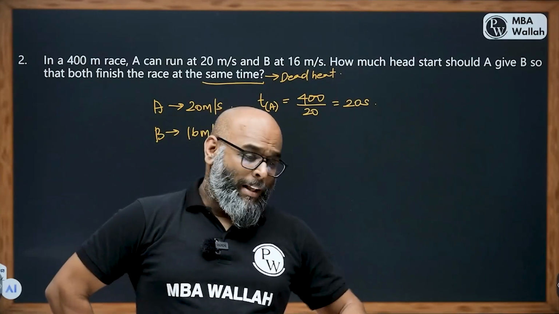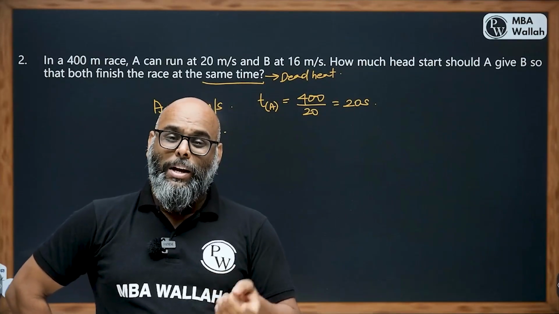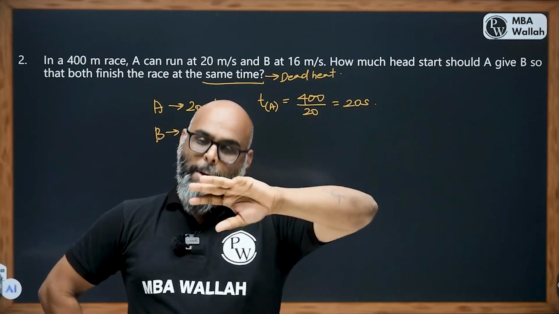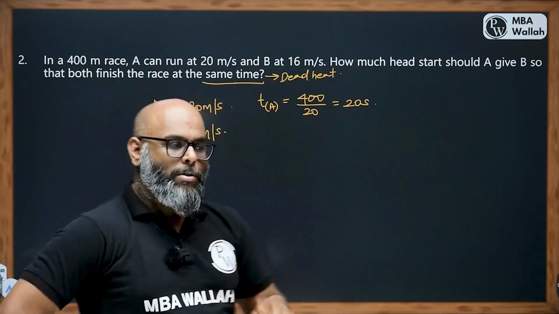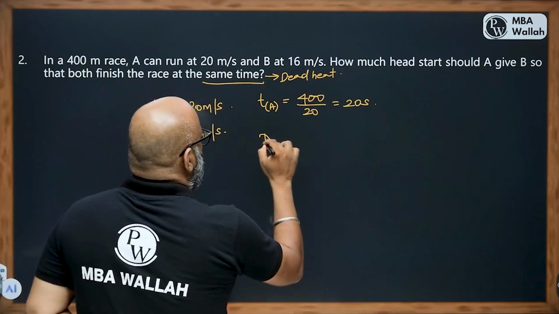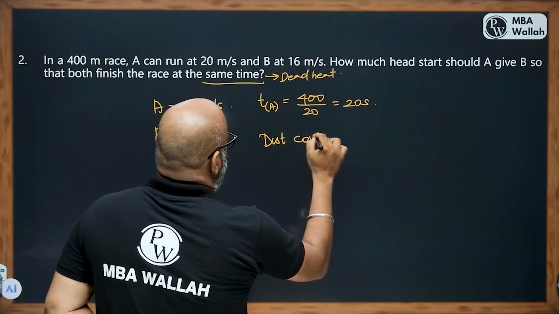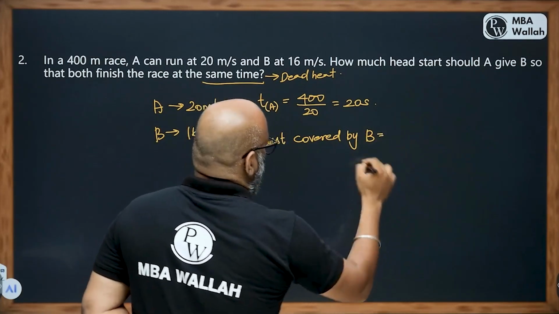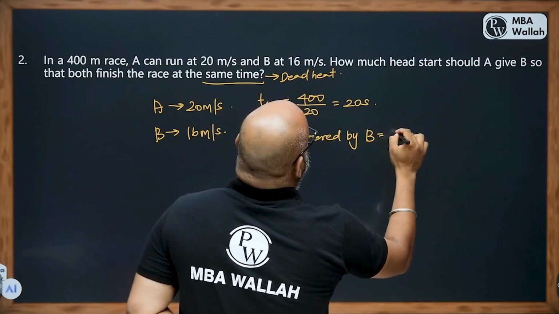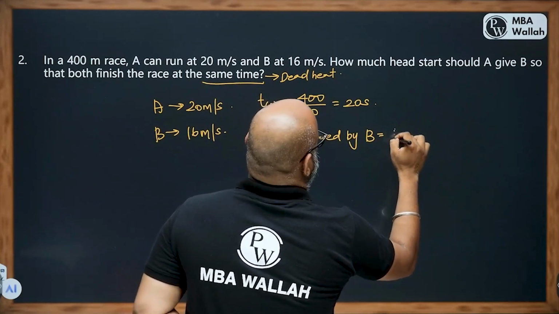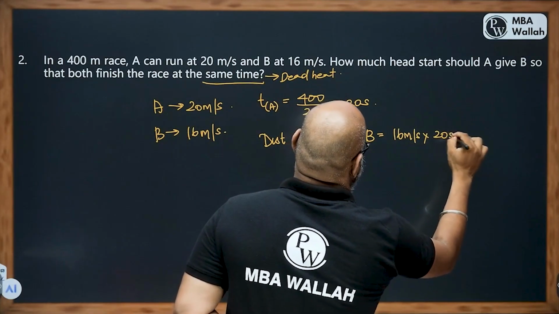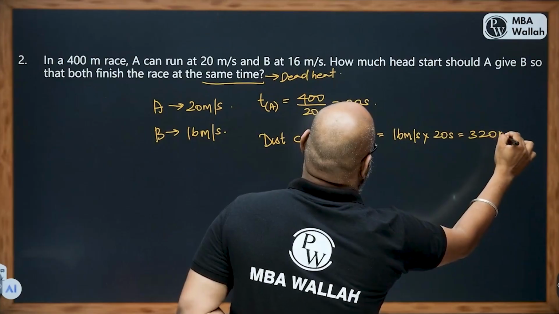But what would be the gap between A and B? We can also understand that if A has run for the entire 20 seconds, B has also run for only 20 seconds, right? So can we say distance covered by B is equal to speed of B, given as 16 meters per second, into 20 seconds, that will be 320 meters.